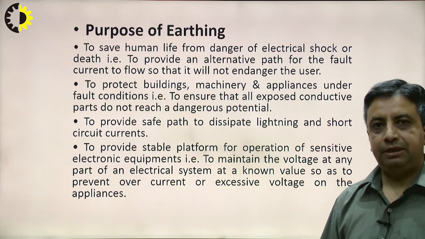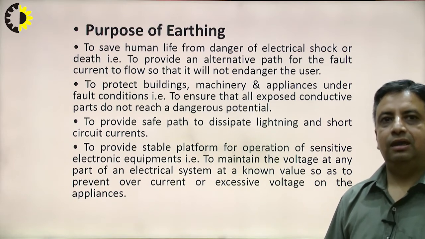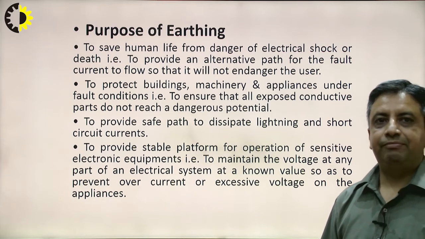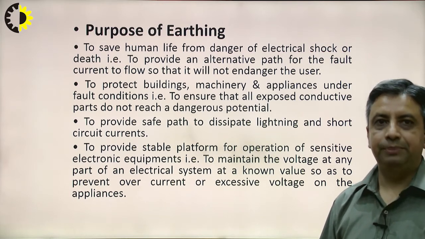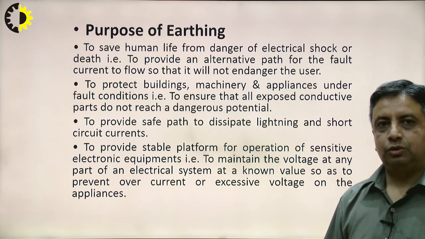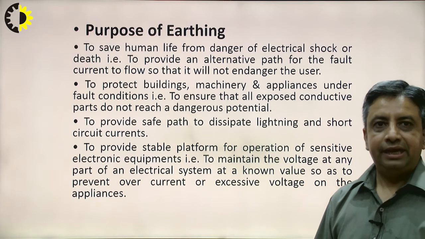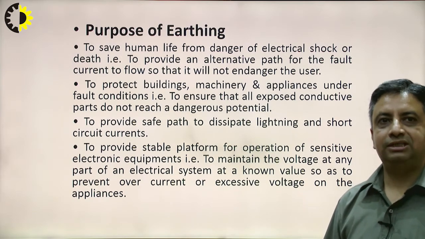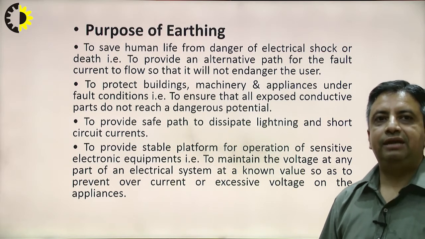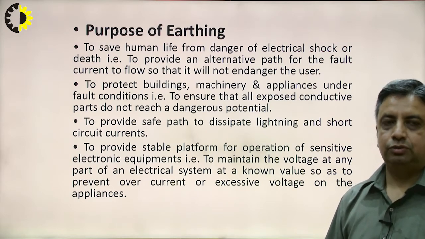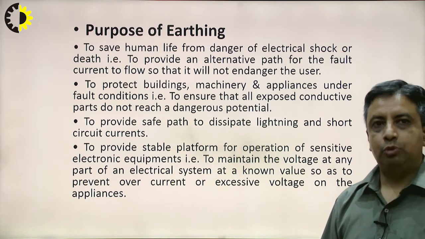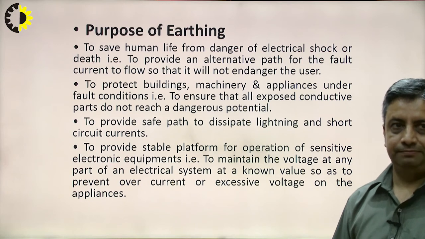Under that situation, the metallic part will accumulate charge, and if any human being comes in contact with that metallic part, he or she may get a shock. To avoid this situation, earthing provides an alternative path for the flow of current, so that charge is not accumulated in that metallic portion under the faulty condition.